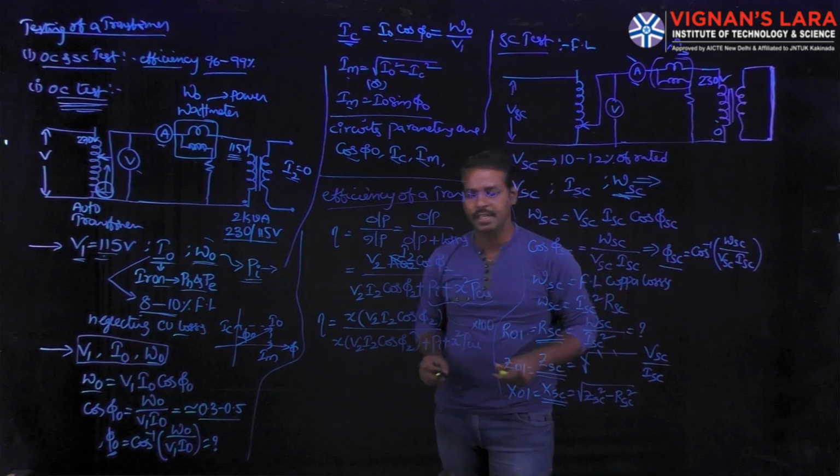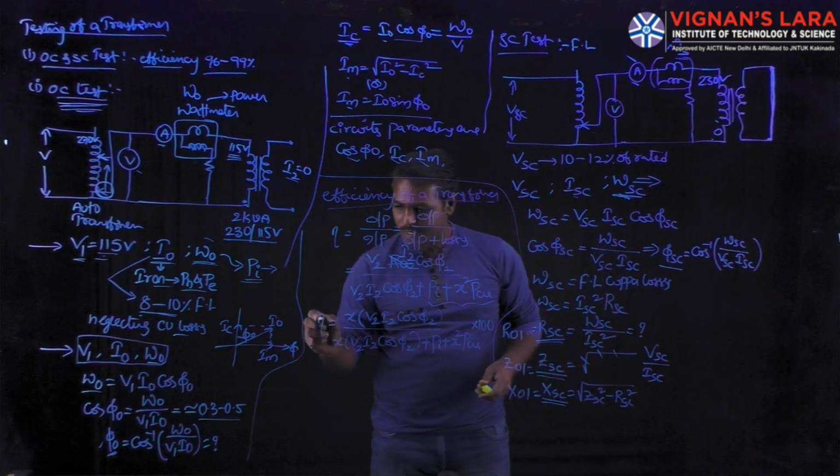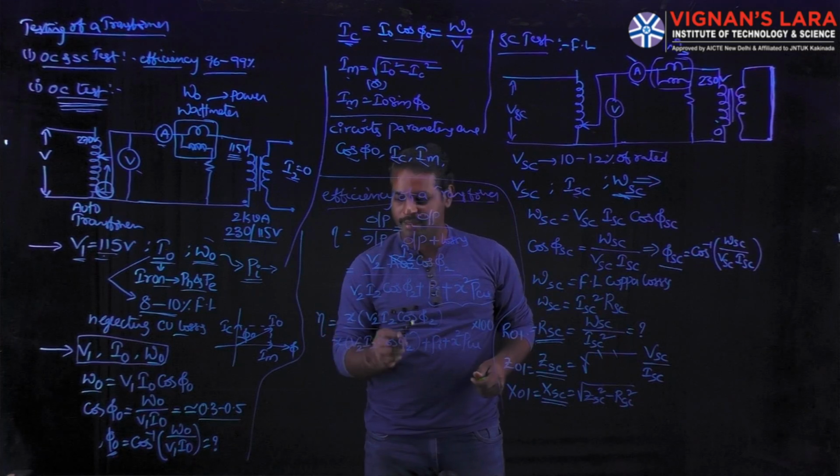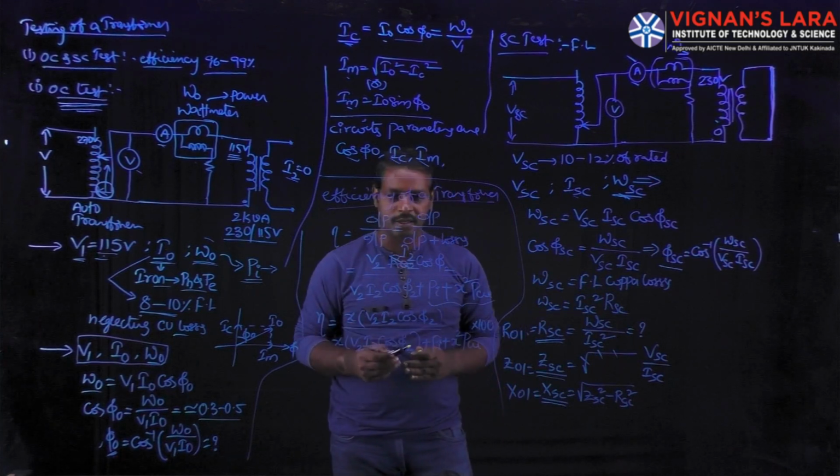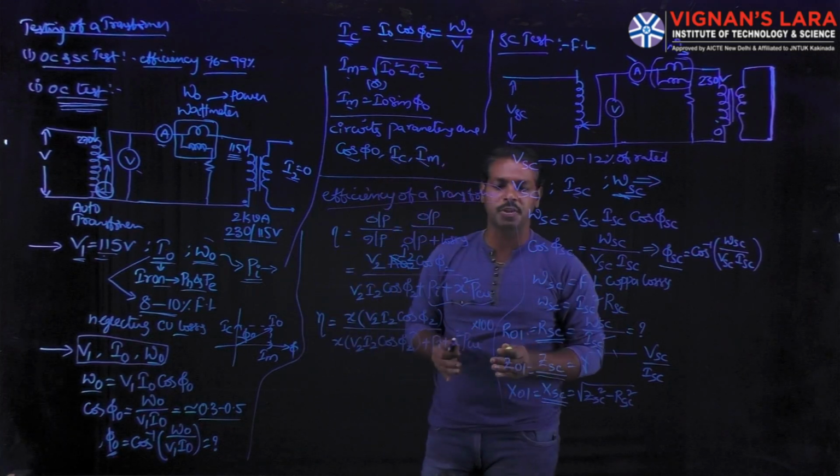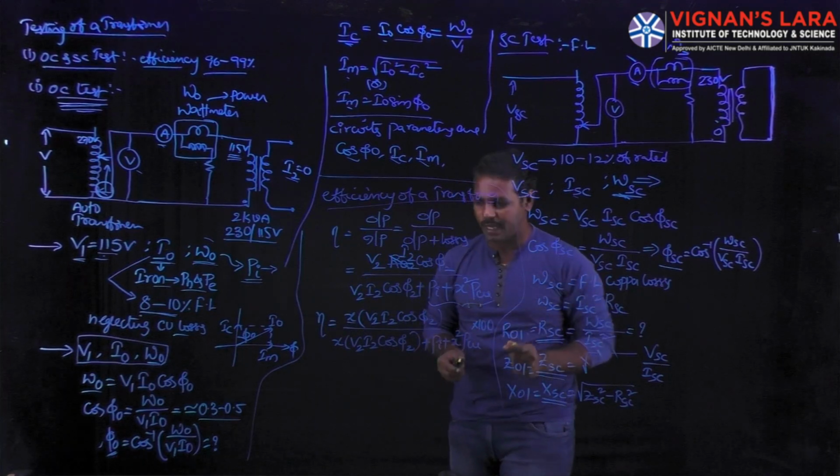Here x is some fraction which is multiplied with the power output of the transformer.